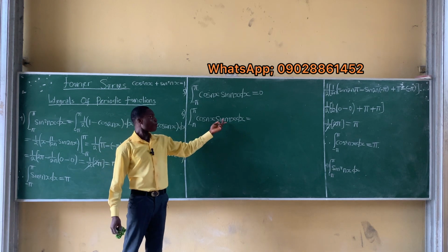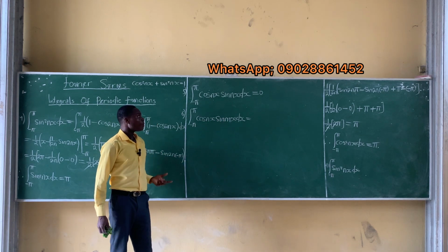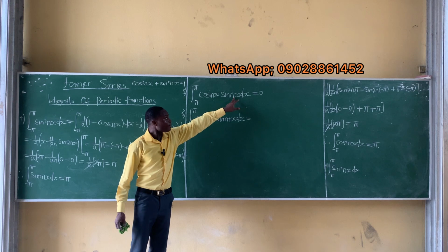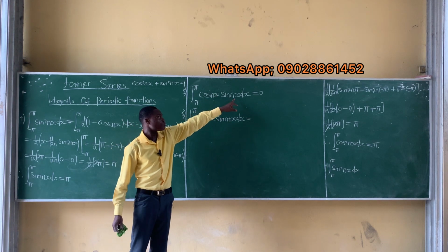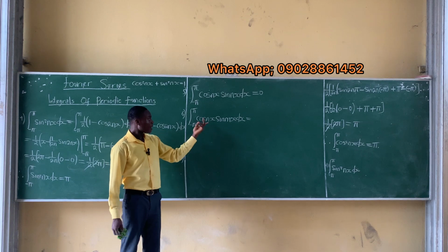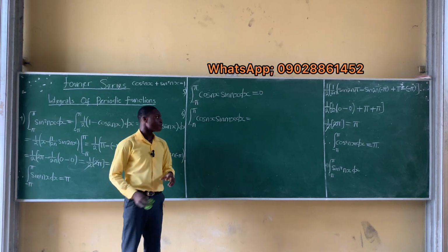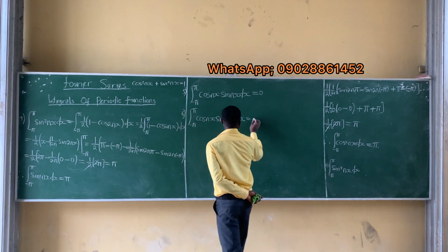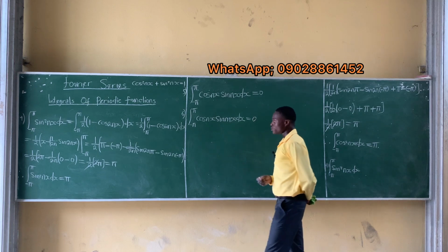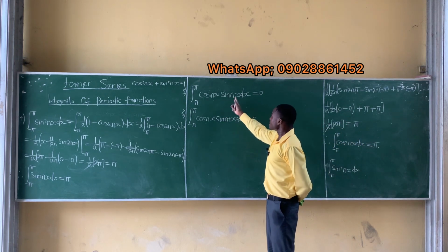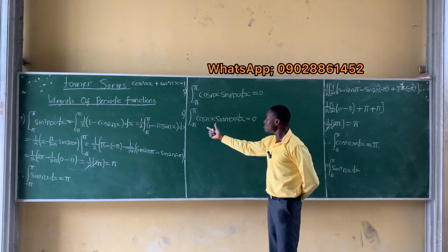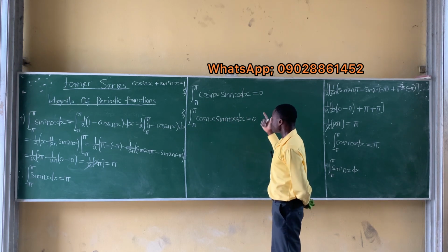In case the angle of sine is different from the angle of cos. Here it means that the angle for sine will be the same. If this angle here is 180, here also will be 180. But for this one, if the angle is 180, here can be 360. But of course, this will still give us 0. So the integral of cos nx sine nx dx is 0.